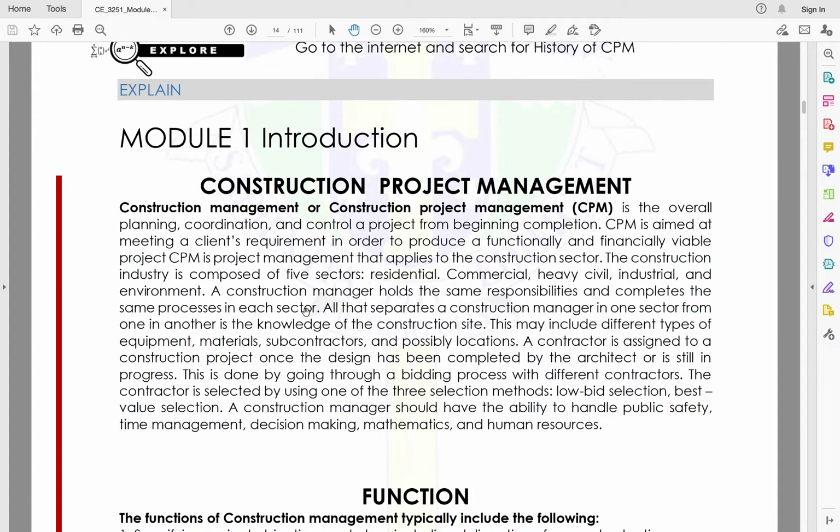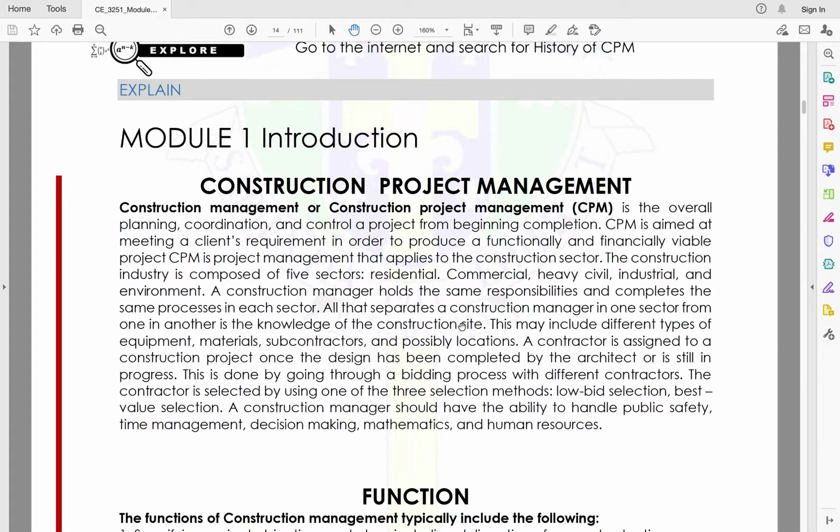So if you are a construction manager, your function and responsibilities for all of these five sectors are the same. Okay, same process. All that separates a construction manager in one sector from one in another is the knowledge of the construction site.